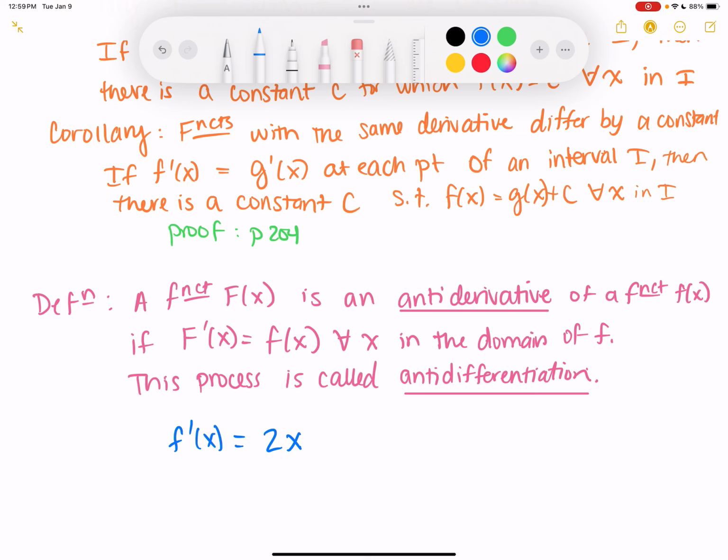So when we take the antiderivative of the function, we don't know whether or not there was a constant, and we don't know what it was. And so that's where the plus c part comes into play with the antiderivatives. So if I tell you that the derivative is f prime of x, I want you to tell me what the original function was. That's what the antiderivative is.